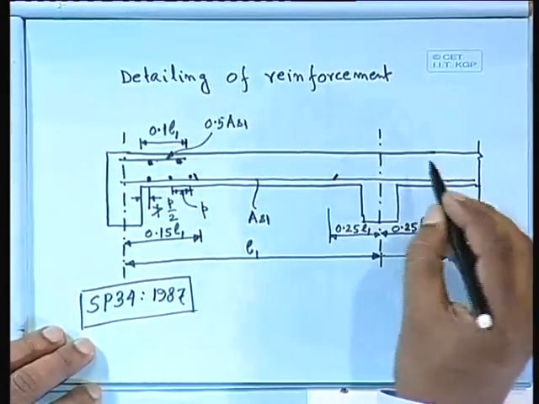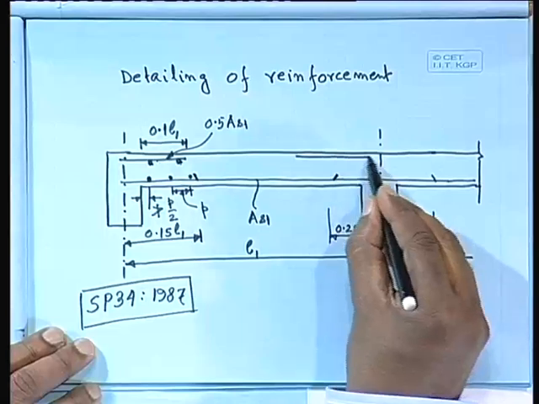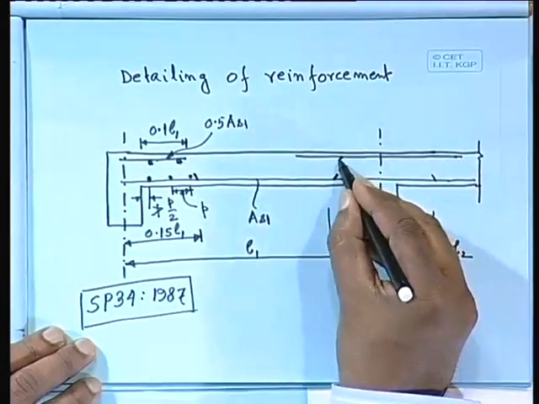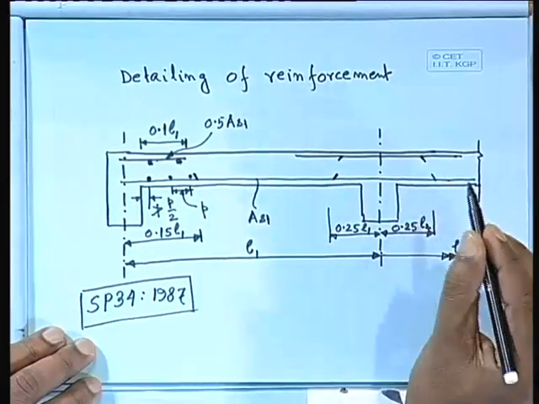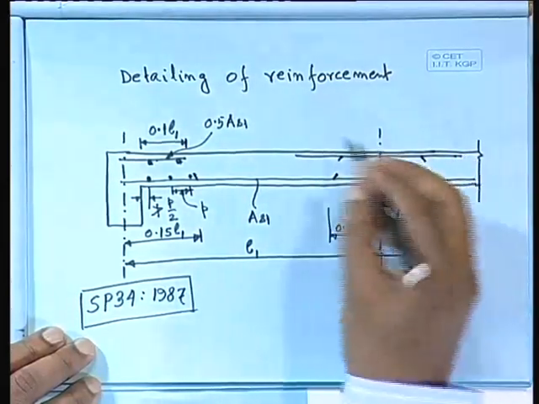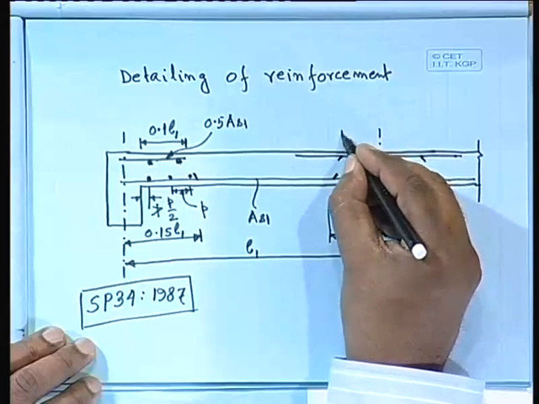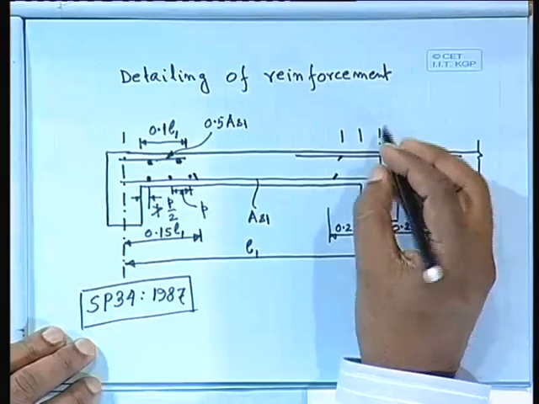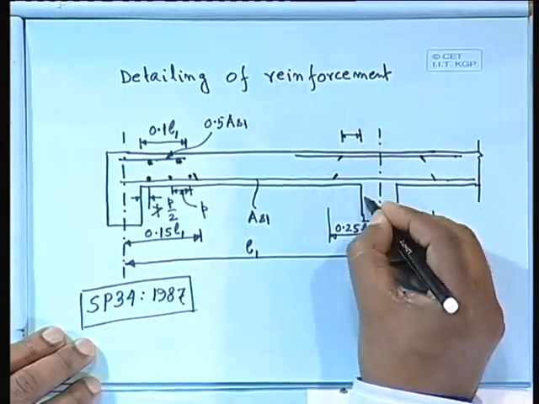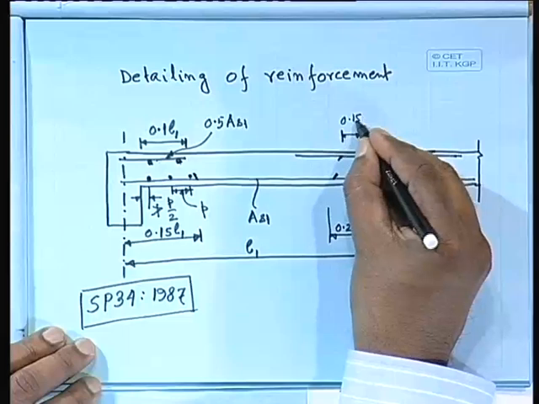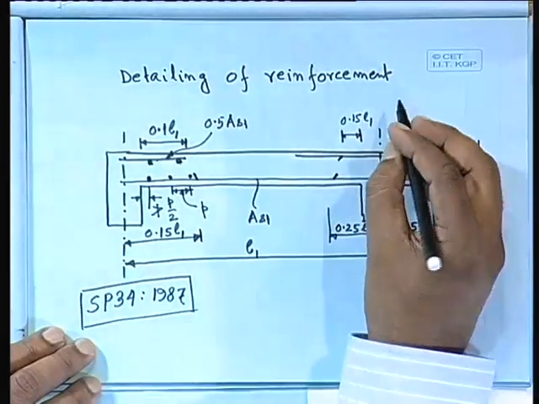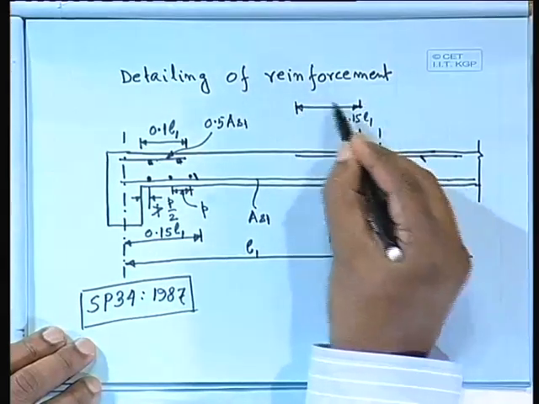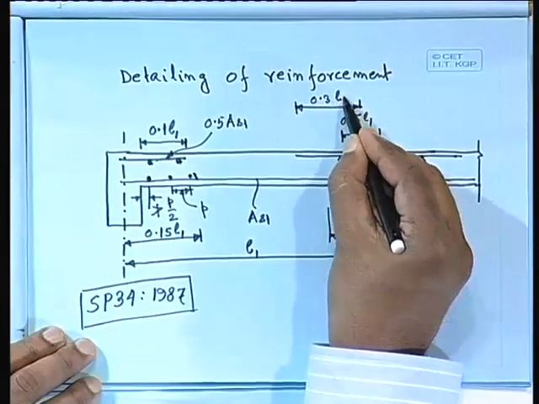What about the top reinforcement? Top reinforcement can also have 2 different lengths, that means we can curtail it here itself, because we are not going that much. So, the 2 lengths: this particular length we are getting from the end support 0.15 L1, and the other one goes up to 0.3 L1.